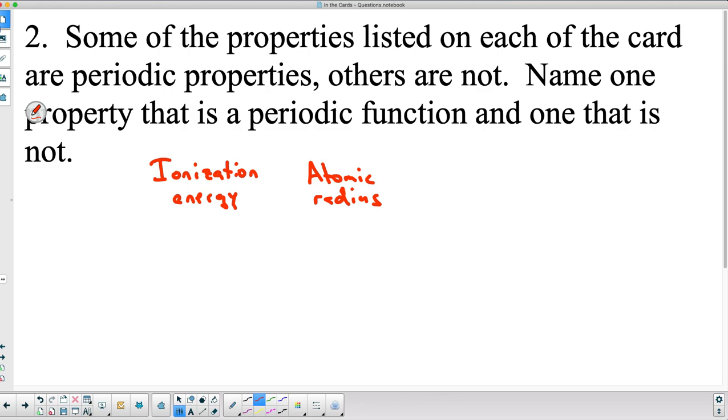Underneath ionization energy is atomic mass. Next to atomic mass is formula of an oxide. Below atomic mass is formula of the chloride. Next to formula of chloride is the melting point.